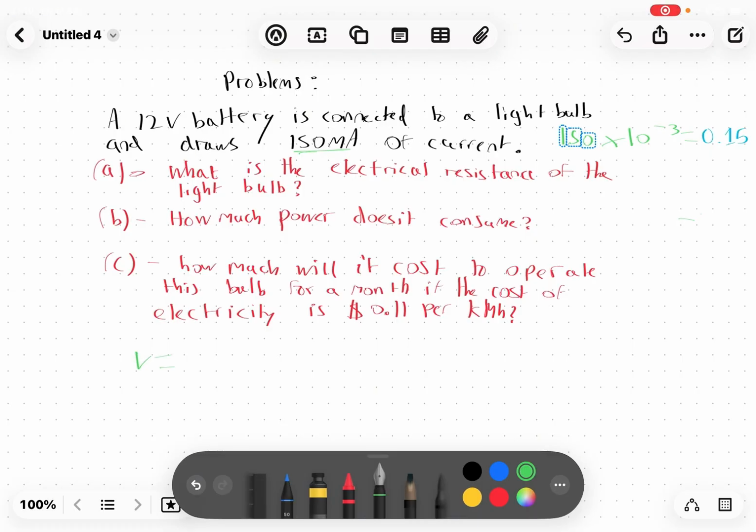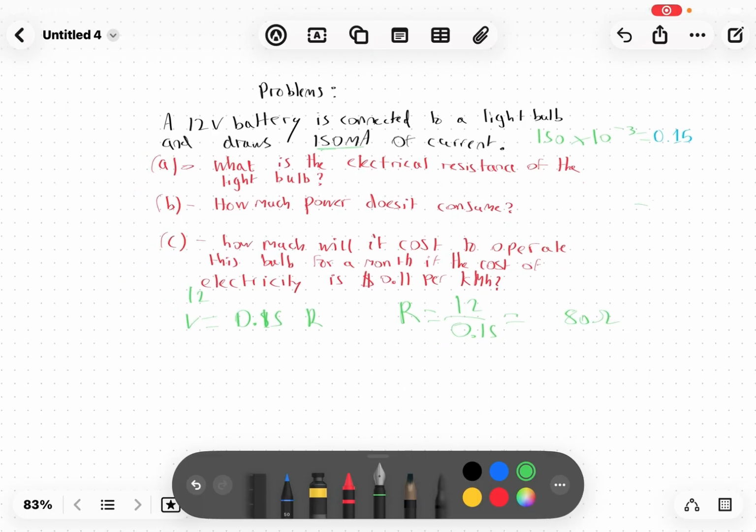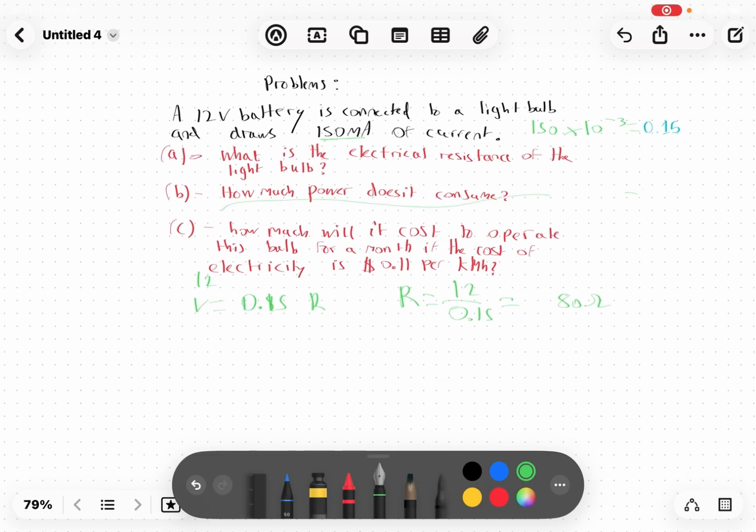So the voltage equals 0.15 times R, and the voltage is 12, so R equals 12 over 0.15, which is equal to 80. The unit is ohms.